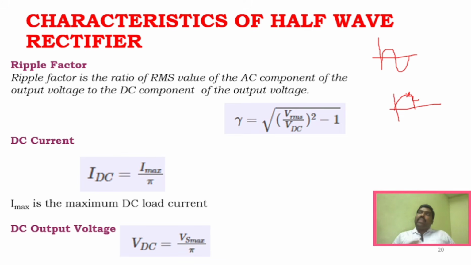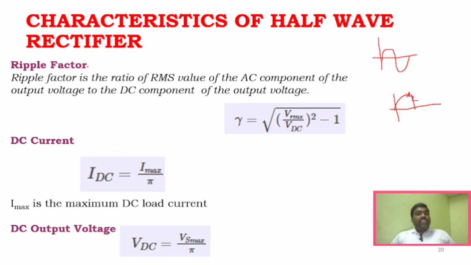And the ripple factor tells you the number of ripples present in the DC, right? So in a half-wave rectifier, the ripple factor will be very high. That's because it conducts only during one half cycle. There will be a lot of distortions, so more ripple factor, more ripples, right?